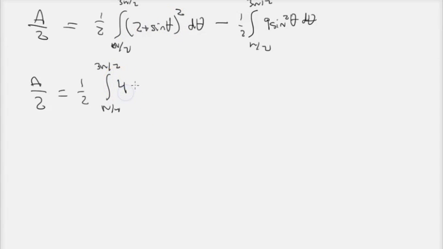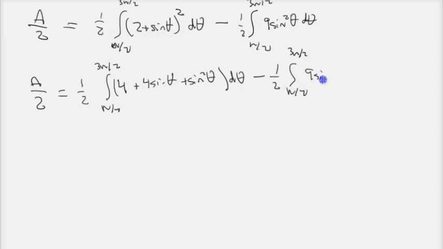We're going to get a 4 plus a 4 sine theta plus a sine squared theta, and all of that is going to be d theta minus a 1/2, and now between pi over 2 and 3 pi over 2, 9 sine squared d theta.